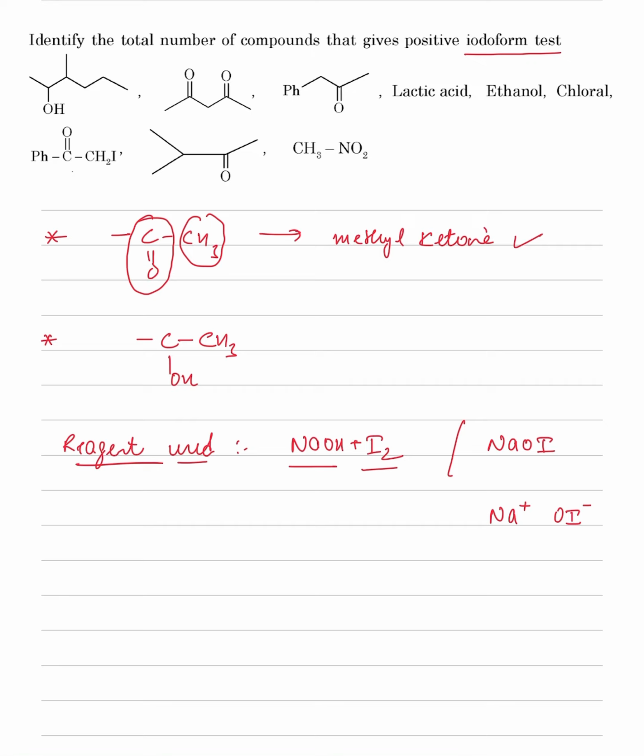Now, definitely, oxygen is a more electronegative element as compared to iodine. And we know oxygen generally exhibits a -2 charge, but the overall OI has a charge of -1. That means here oxygen has -2, iodine has +1. That's why overall it is -1.